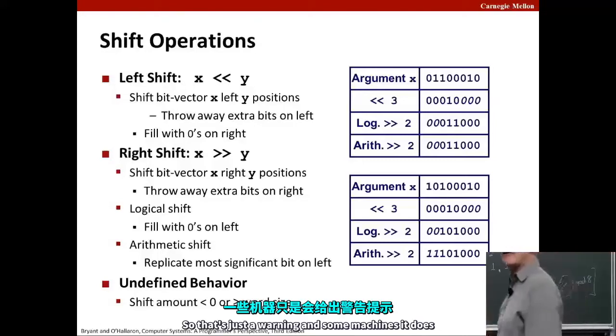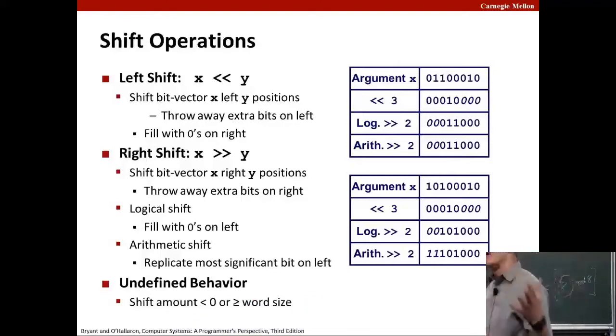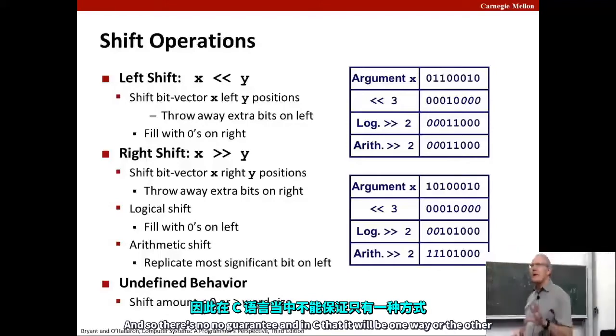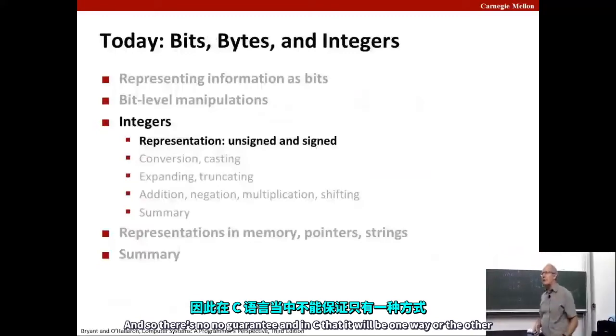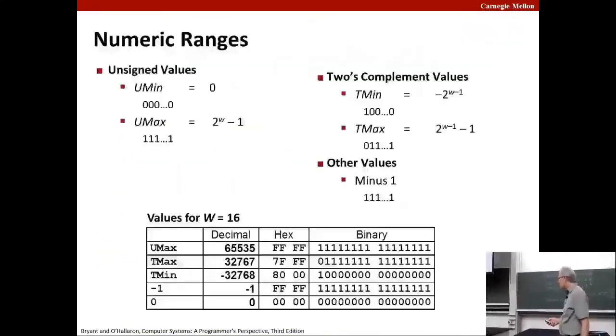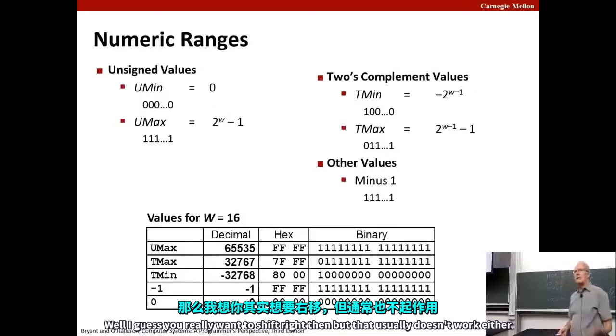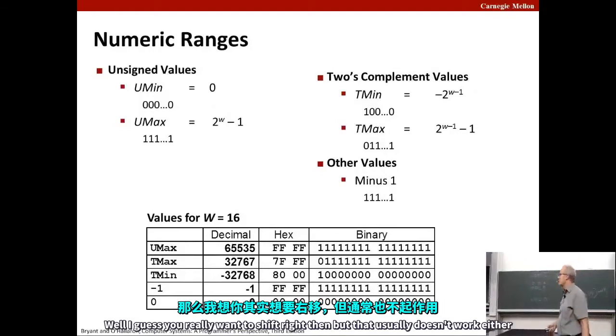On some machines it does what you just thought it should, and on other machines it does this, so there's no guarantee in C that it will be one way or the other. Same with trying to shift left by a negative number. Logically you'd really want to shift right then, but that usually doesn't work either.